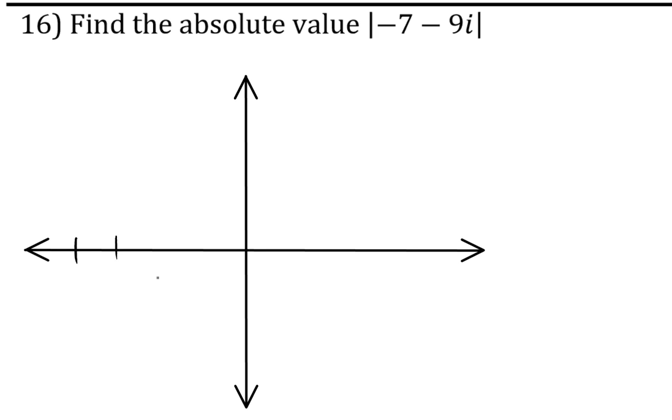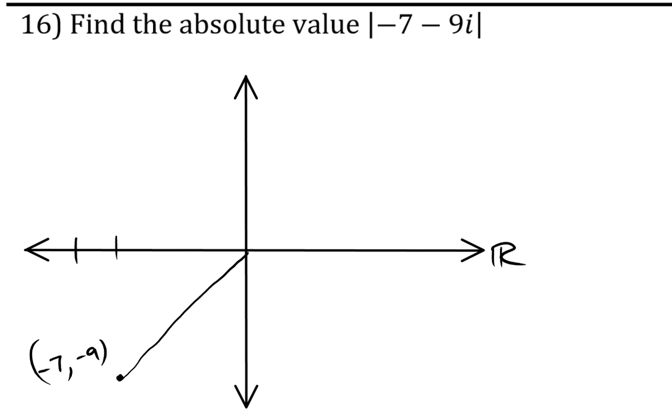That point would be negative 7 minus 9i, because this is the real number axis, and the y axis is the complex numbers. So that point represents this complex number. The absolute value is just how far that number is from the origin, that distance.